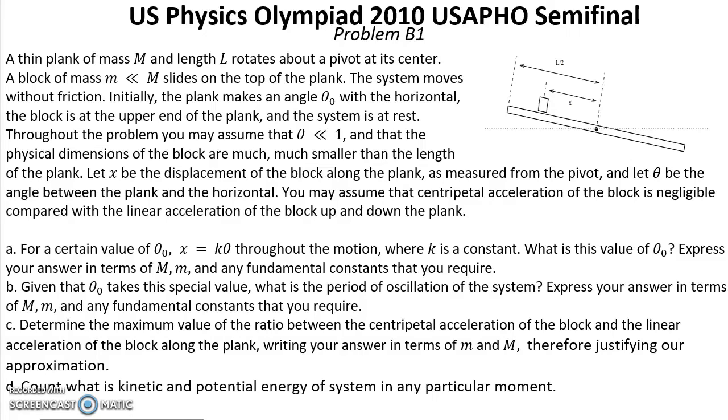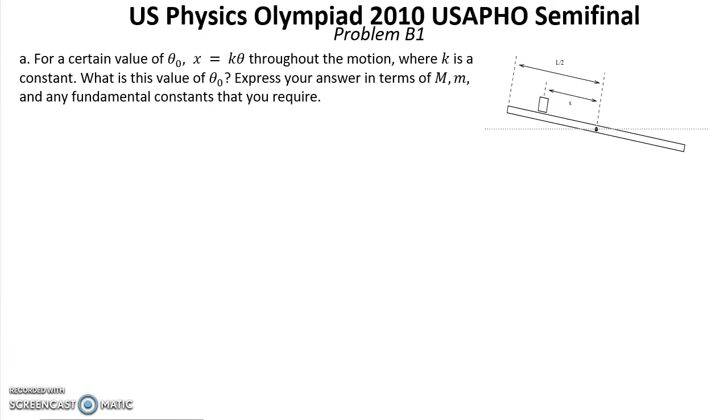Solutions. Question A. For a certain value of θ0, x equals kθ throughout the motion, where k is a constant. What is the value of θ0? Express your answer in terms of big M, small m, and any fundamental constants that you require.